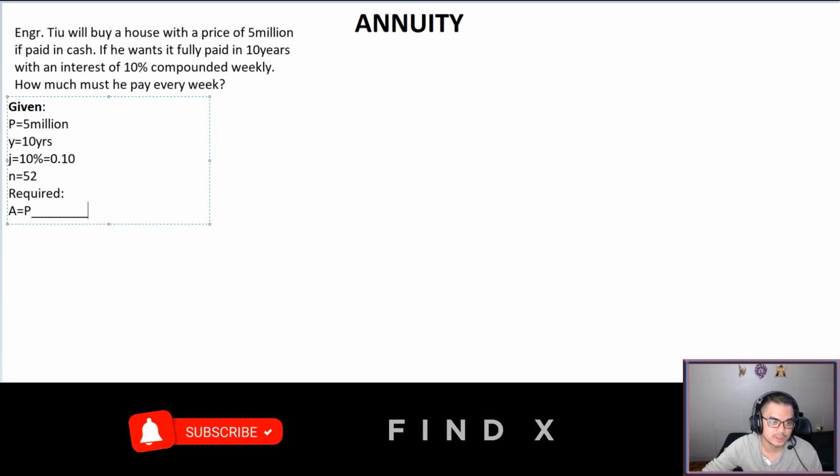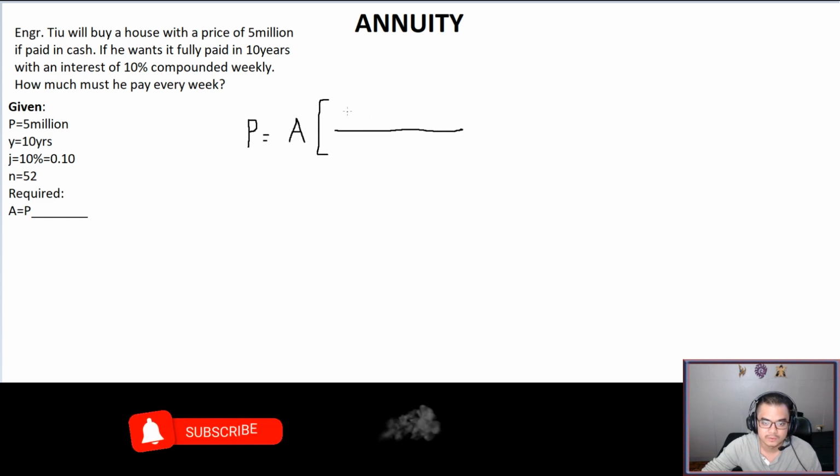Going for the solution, we can just use the formula for the present worth. So we have P equal to A times 1 minus 1 plus J over N, raised to negative Yn.